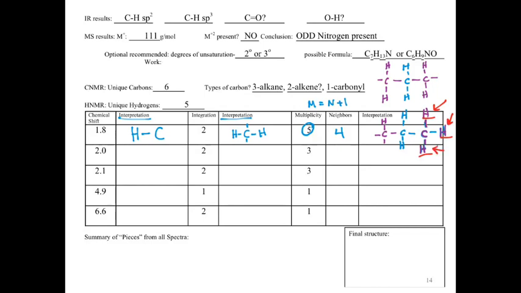So what I can go through and do is now check my integration values. And what's the issue with my integrations? There are no integrations or signals that integrate to 3. This means that this structure cannot possibly be correct.